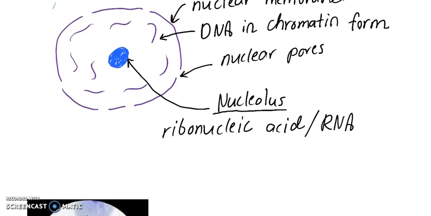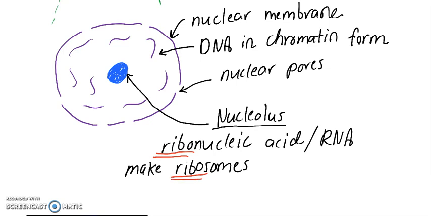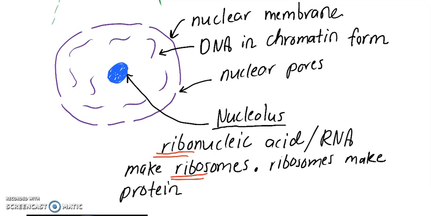And ribonucleic acid is used to produce ribosomes. So we see ribonucleic acid, ribo, makes ribosomes. And then ribosomes actually make proteins. So RNA makes ribosomes, ribosomes make proteins.